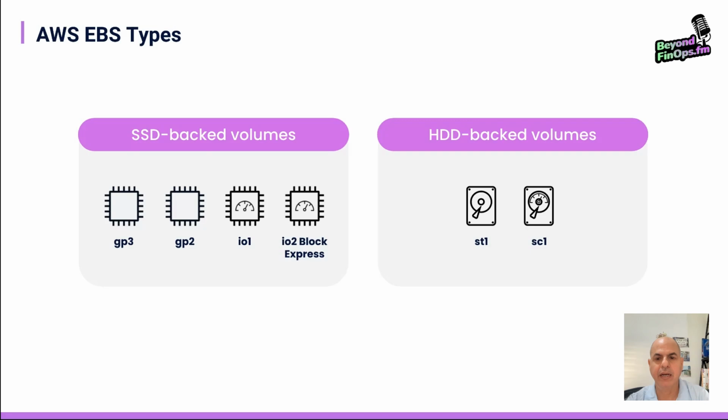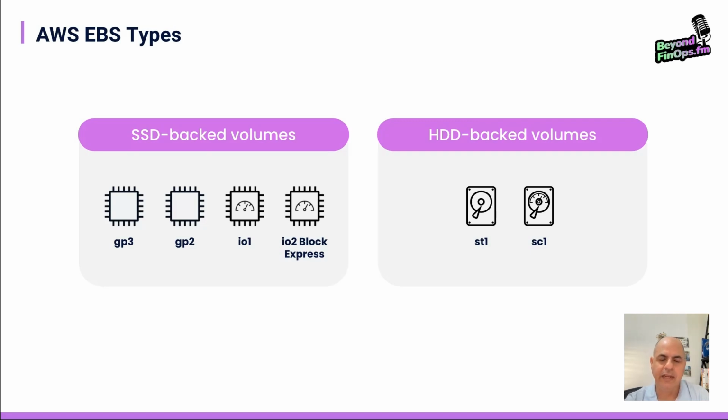And HDD backed volumes are actually magnetic drives, the ones that we used to break when we were kids, but these are mechanical disks that store our data. A much better fit for throughput dependent workloads and less for transactional workloads.